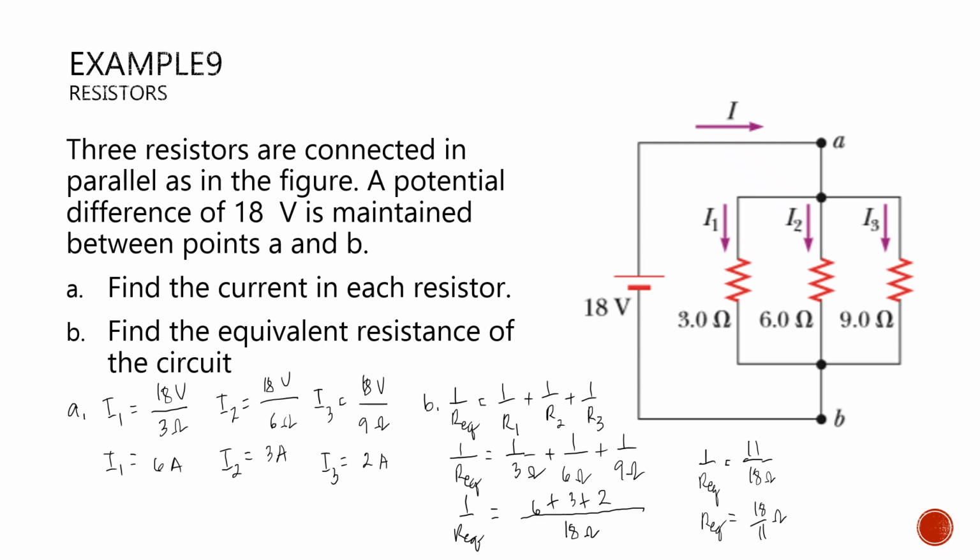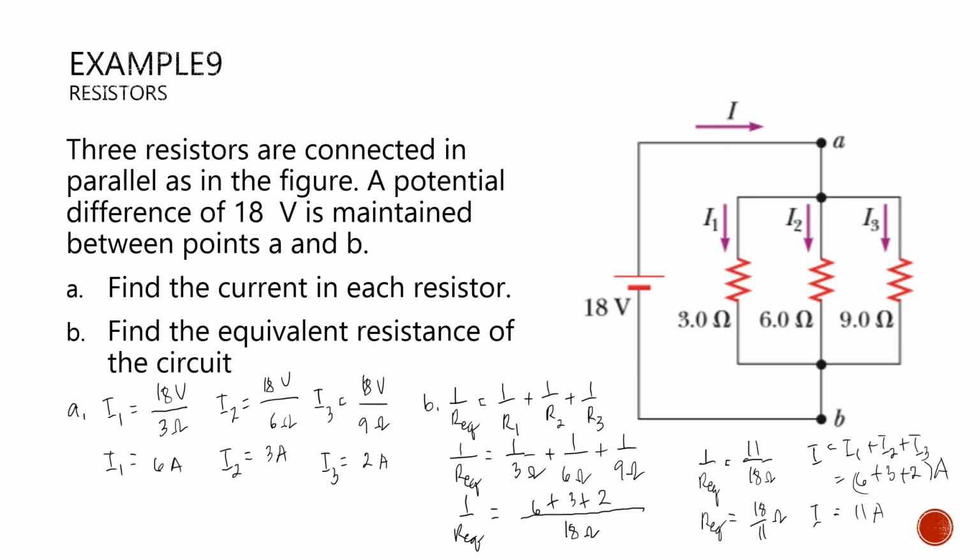The total I is I1 plus I2 plus I3, 6 plus 3 plus 2 in amperes. So that's 9 plus 2, so that's 11 amperes.